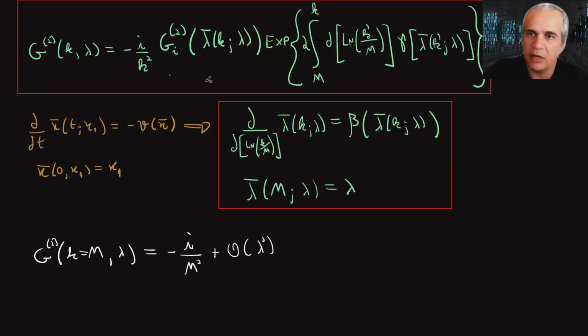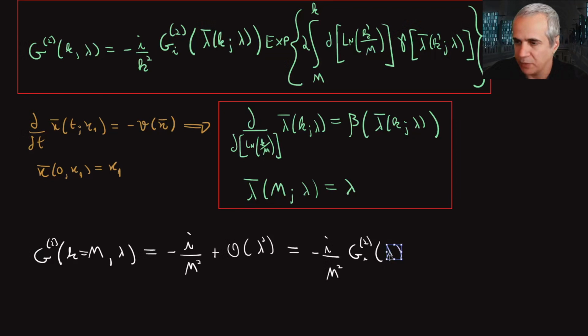And then I can compare with this. If I take k equal to m in this equation, this will be minus i over m squared, which is the same thing. Then I have G_I2 calculated at k equal to m. But if I take lambda bar of m, lambda, this is just lambda.